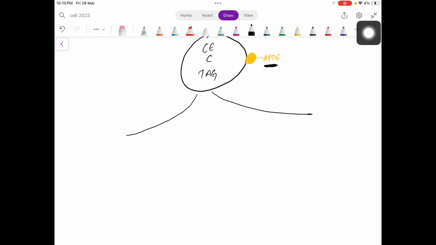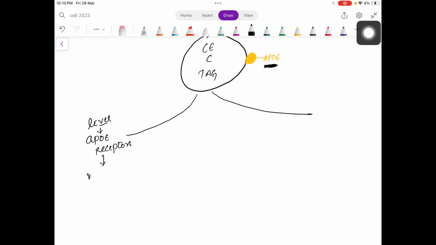One is this ApoE molecule will be sensed by ApoE receptors. So they will be transported to liver. In liver we have ApoE receptors.